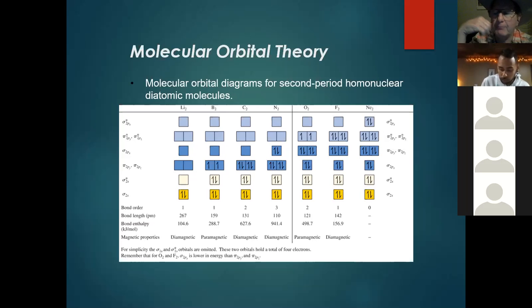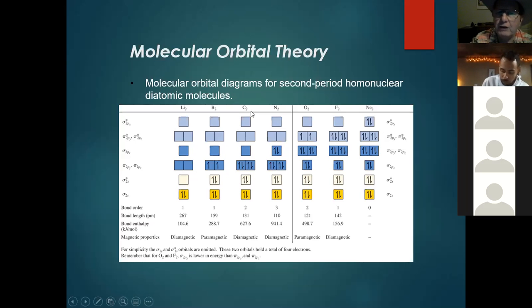And something I didn't mention a little earlier. The bond orders correspond with single, double, and triple bonds. If the bond order is 1, you have a single bond. If the bond order is 2, you have a double bond. If it's 3, you have a triple bond.